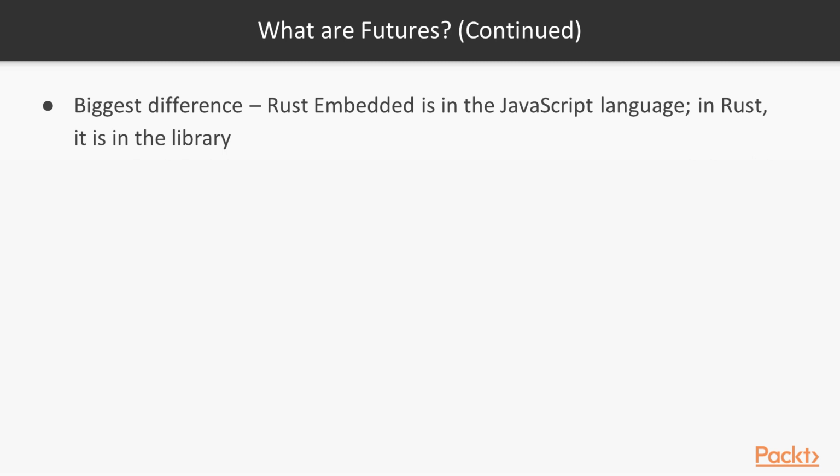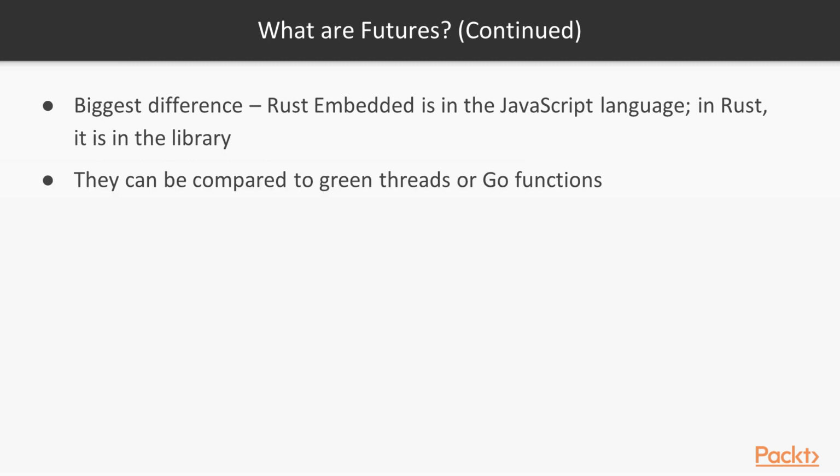The biggest difference between them is that in JavaScript, the thing that keeps pushing the promises to completion is embedded in the JavaScript language, whereas in Rust, this is in a library, and you have to tell it to start, and you have to tell it to keep running those processes. And you can write these libraries yourself.